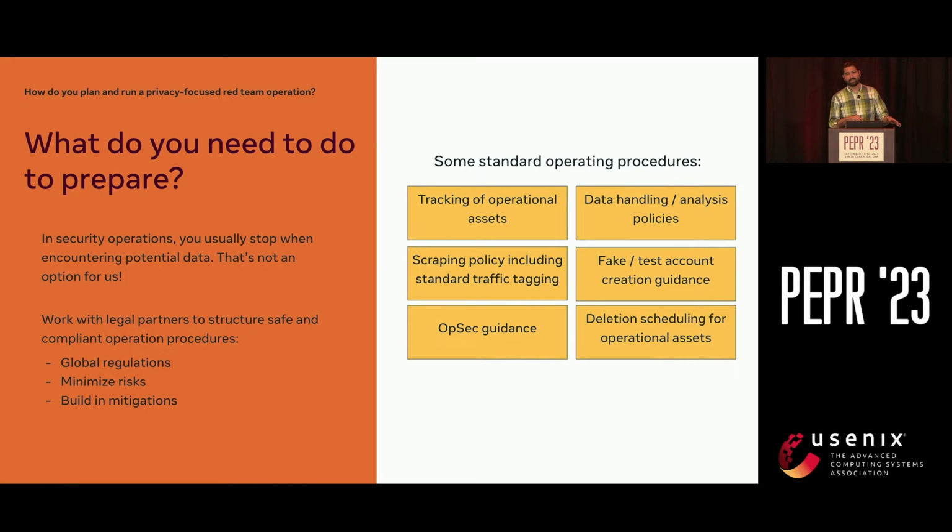But if you hit user data, just leave it there and let us know and stop. Don't take that out of our network and put it on the internet, right? But when you're thinking about privacy operations, some of that exfiltration process, that collection of user data, figuring out what an adversary can do with different amounts of user data might be fundamental to your operation. So you need to figure out how to do this the right way.